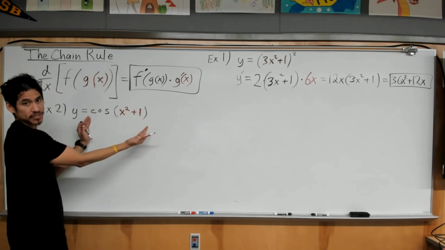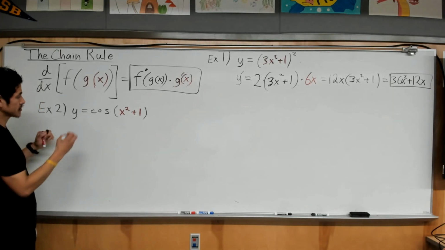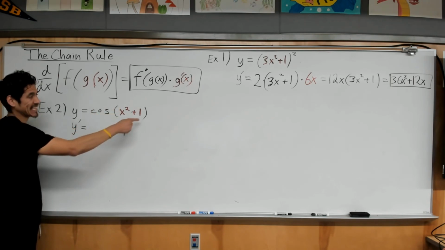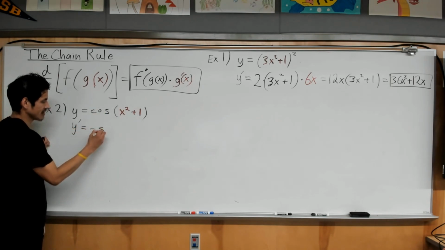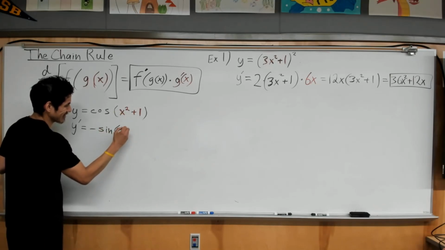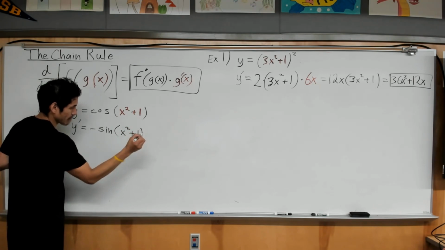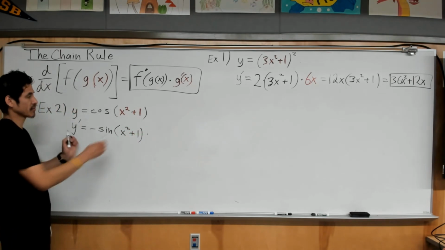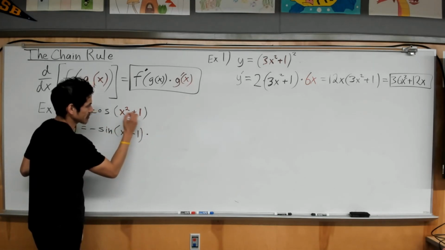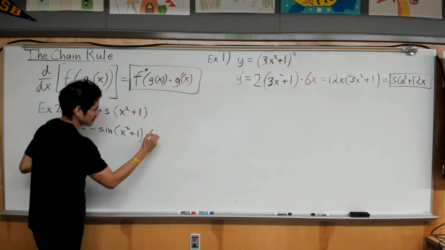The outside function is a cosine function. So y prime will be, take the derivative of the outside. So take the derivative of the cosine function, which will be the negative sine of, keep that the same. And then you multiply it by the derivative of the inside. Multiply it by the derivative of x squared plus 1, which will just be 2x.